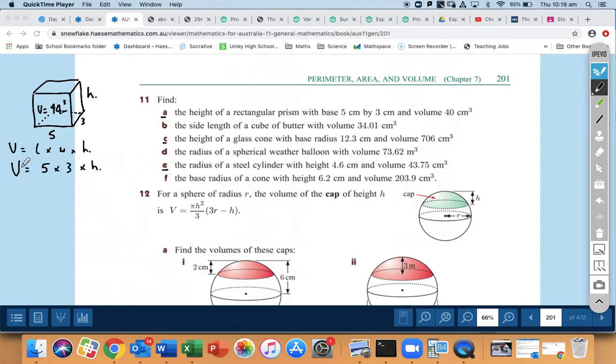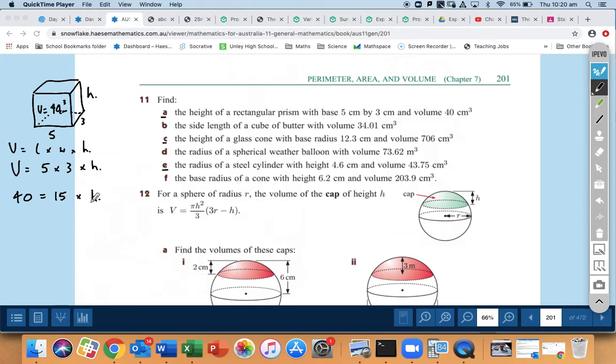In this instance, I know this number here, it's 40, so we can put that in. I know what 5 times 3 is as well. It's 15, times height.